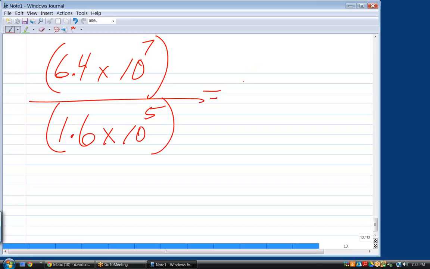Do the number part first. Do you still multiply or do you divide this? You divide. So it's 6.4 divided by 1.6, which is 4. Times 10 to the what? Power of 5. Would you just subtract them or add? Subtract the exponents when you're dividing.